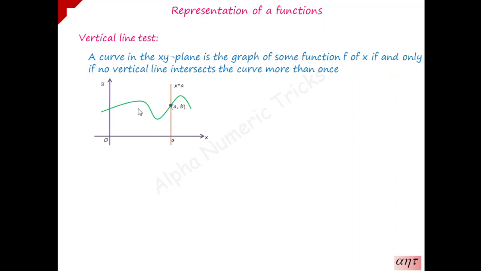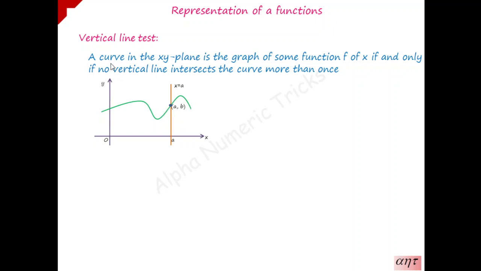Look at this vertical line and the curve here. The line touches the curve at only one point, a comma b. That is, x is equal to a is the line, and it touches the curve at only one point a comma b. So we can say that this is a graph.